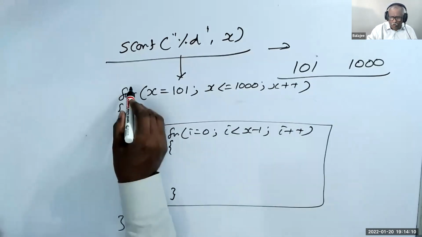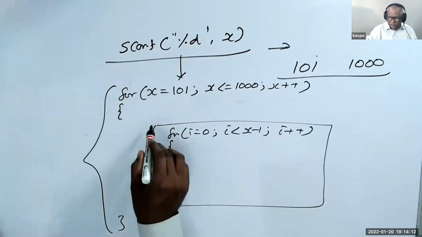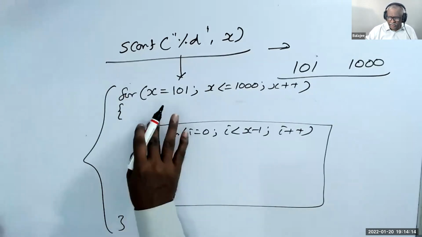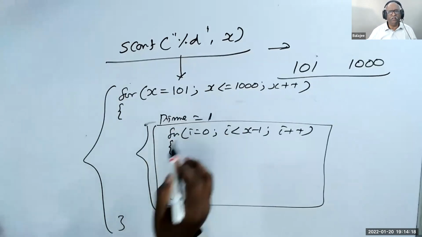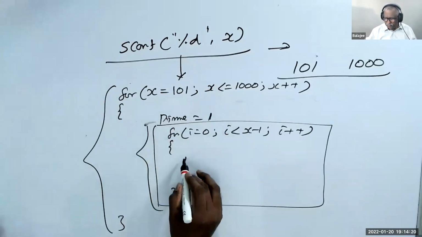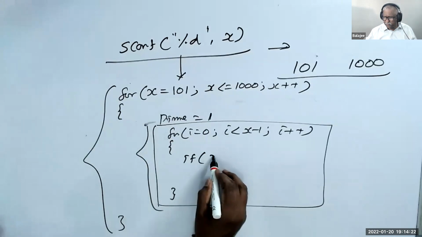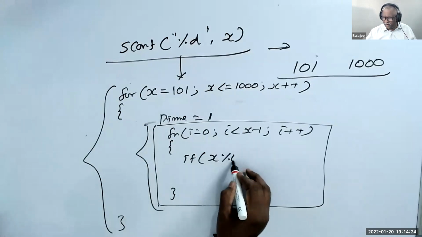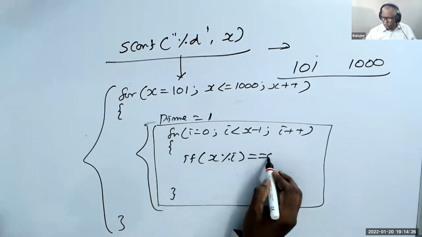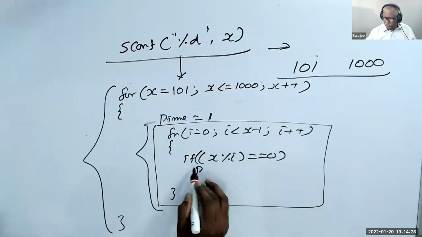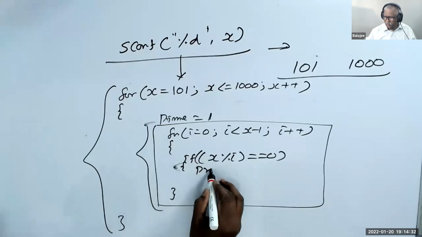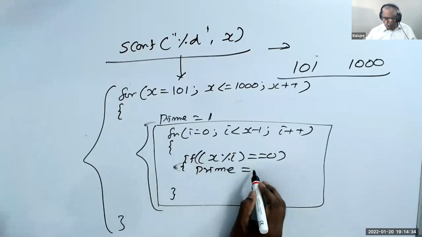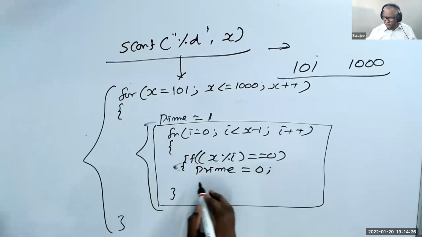That is the inner for loop. Within this for loop, you say prime is equal to 1. Same thing here: if x percent i equal to 0, prime equal to 0, break.